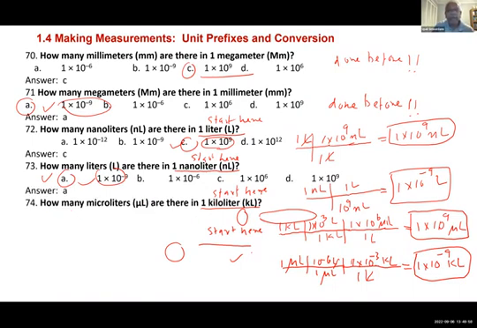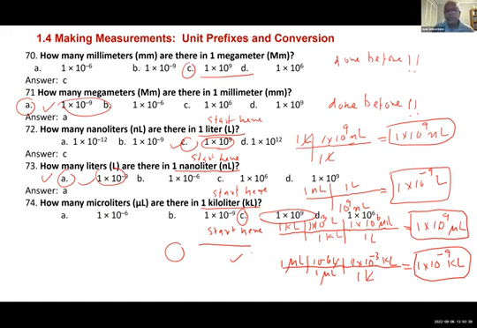How many, then now is the kiloliter. I start with the kilo here, 1 kilo here. Convert kilo to liters. 1 kiloliter is 10 to the 3 liters right here. So now the liters have to be cancelled out. So 1 liter is 10 to the 6 microliters. Therefore, I get 10 to the 9 when you do the calculation.